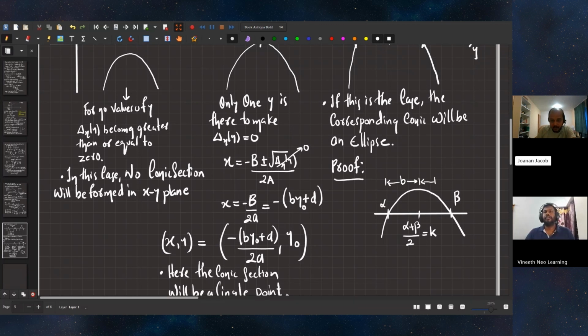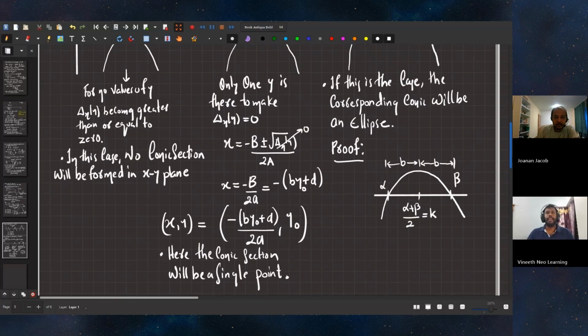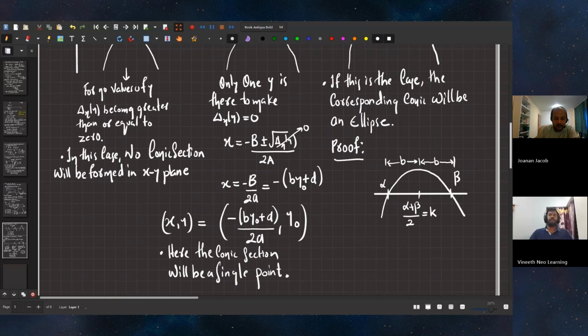Midpoint is K. The distance from the center to those two points is B. So alpha plus B equals K, and K plus B equals beta.